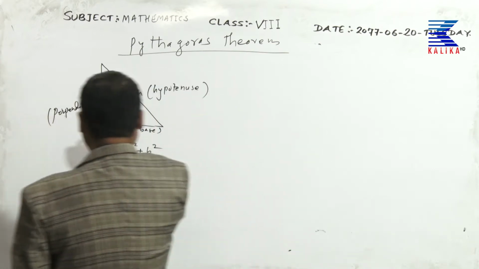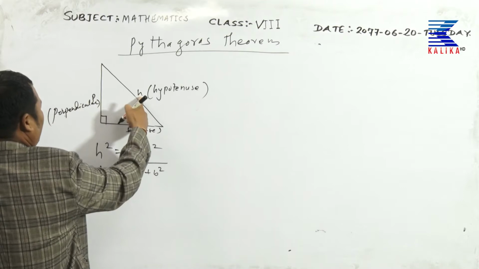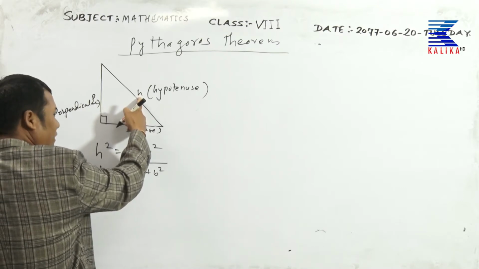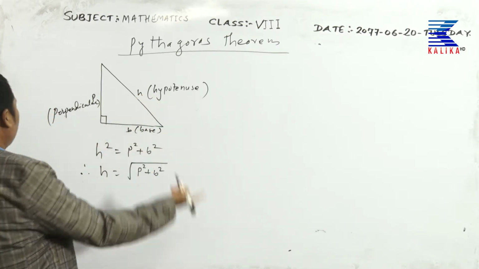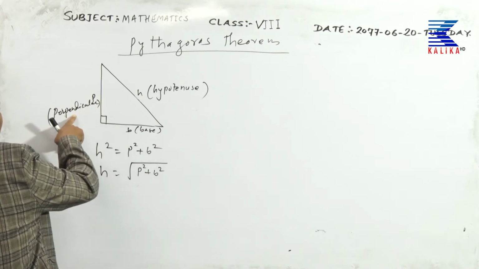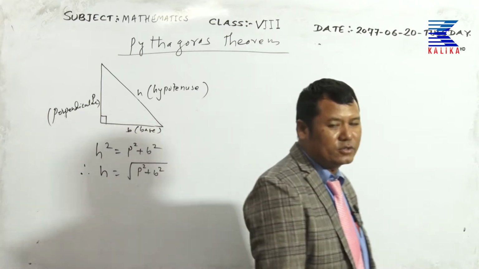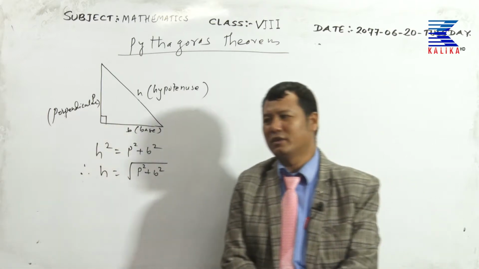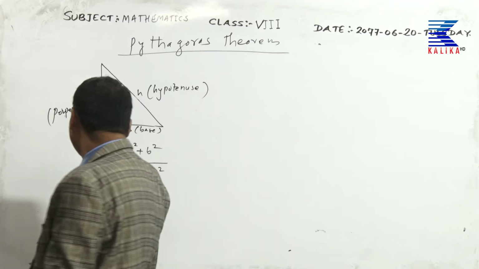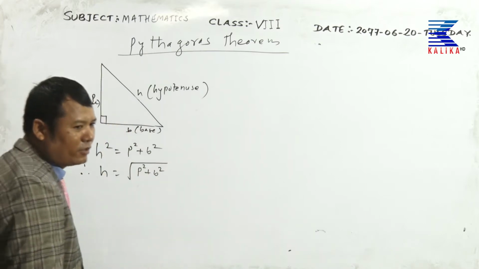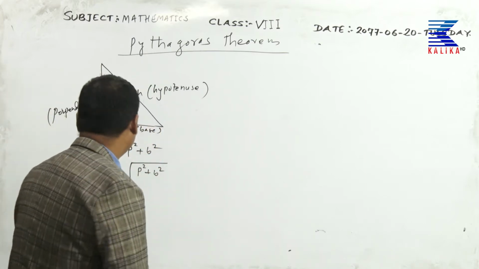In a right angle triangle, the square of the hypotenuse is equal to the sum of the squares of perpendicular and base. So, h square is equal to p square plus b square. Therefore, h is equal to under root p square plus b square.